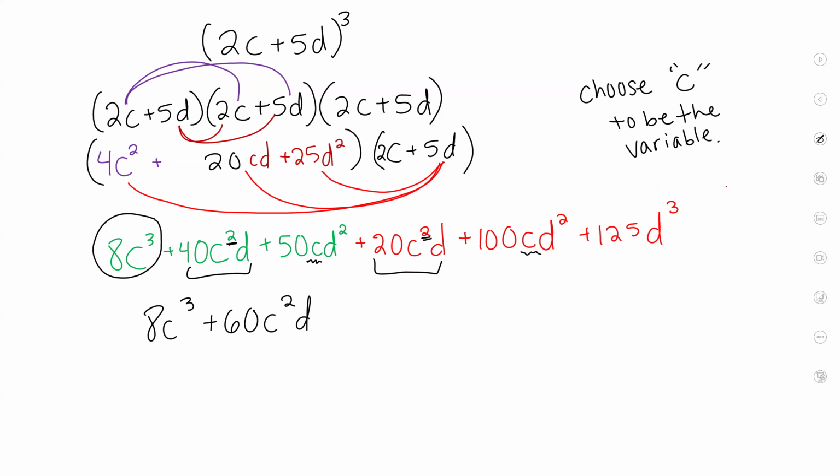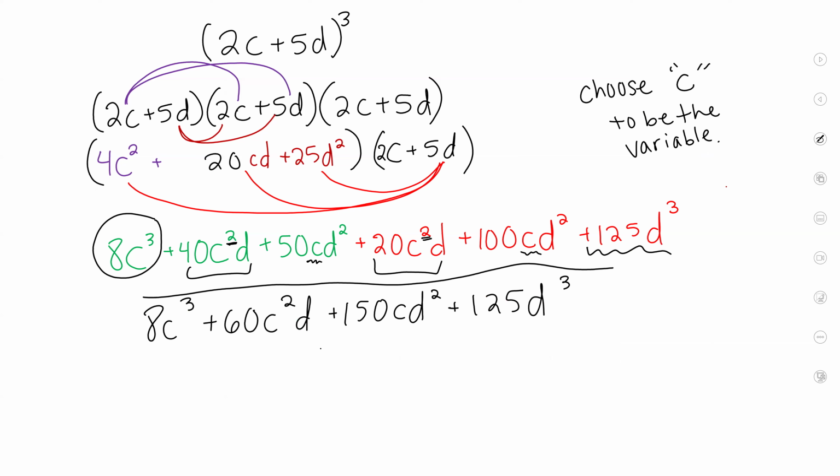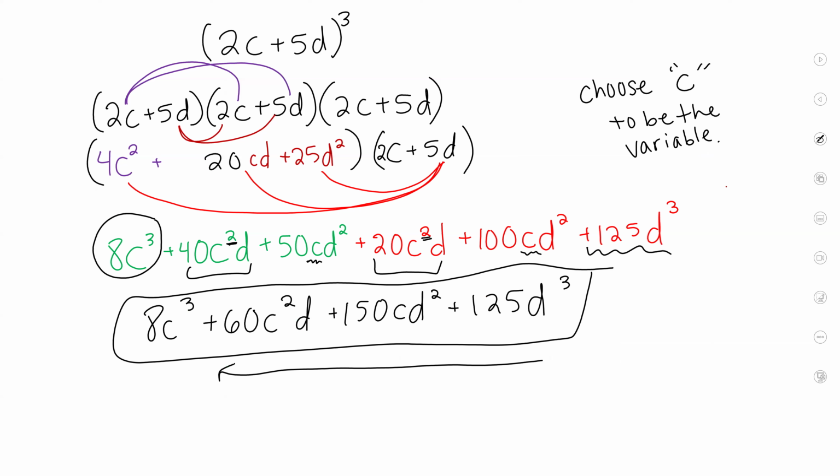So that's 150cd squared. And this is the only one that does not have a c. So that will go on the end. There you go. So if you chose d, then it would just be in reverse order.